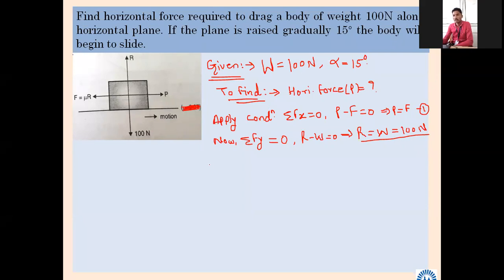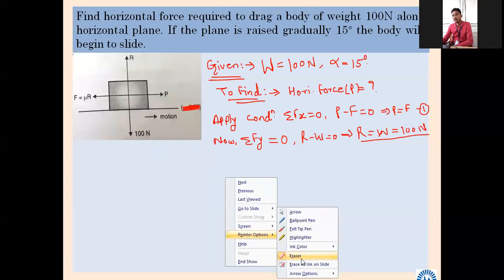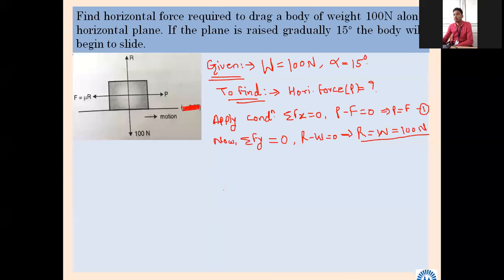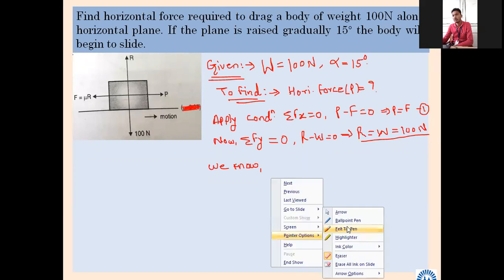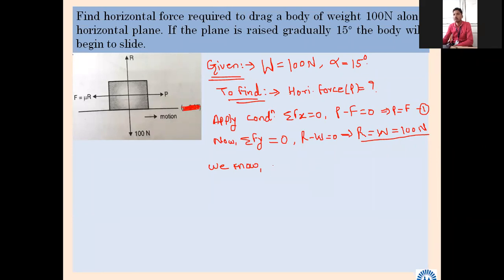We know. आपण पाहिलंय बघा. आपण एक relation पाहिलंय बघा just before some time. What was that? Relation between angle of repose and angle of friction. We know alpha is equal to 15.